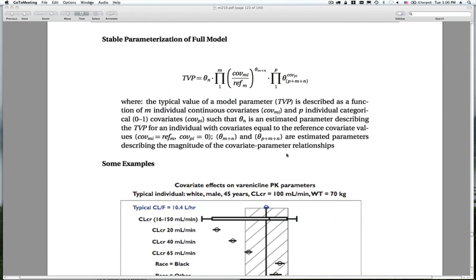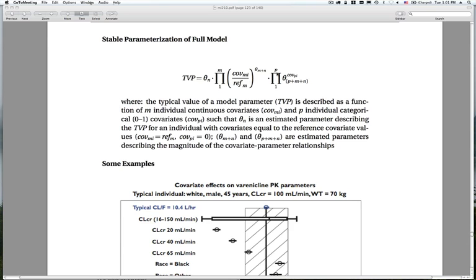Then after you've done that, parameterize the model in a stable way. Here I have an expression defining the relationship for a full model using a power normalized relationship for continuous covariates. That's this first section here.